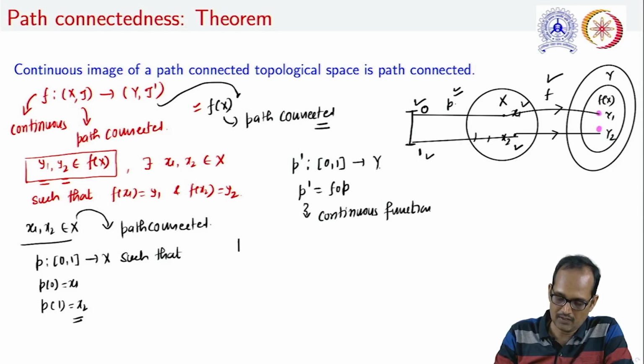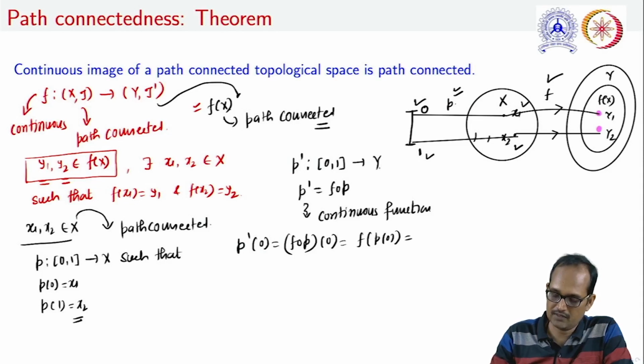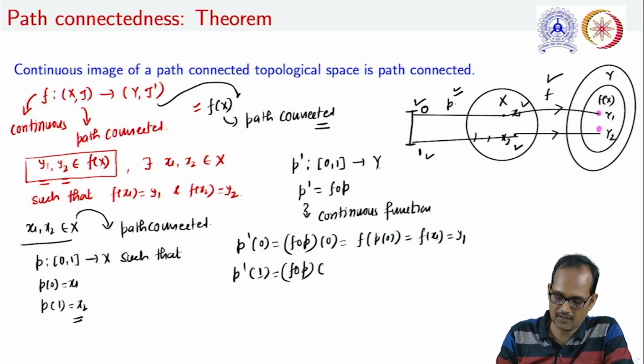Question is, what about this p'(0)? That is the composition of f and p at 0, that is f(p(0)). Note that p(0) is x1, so that is f(x1), or this is y1. Similarly, p'(1) is f composition p at 1, that is f(p(1)), that is nothing but f(x2), and that is y2.